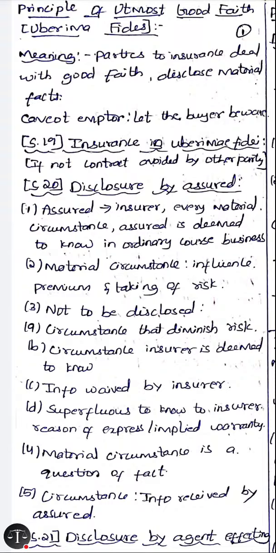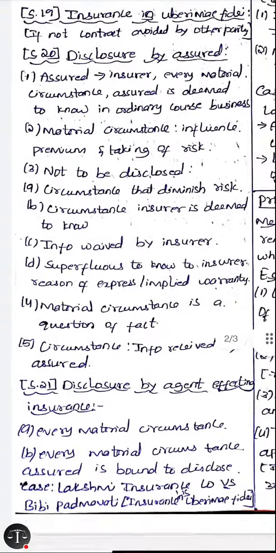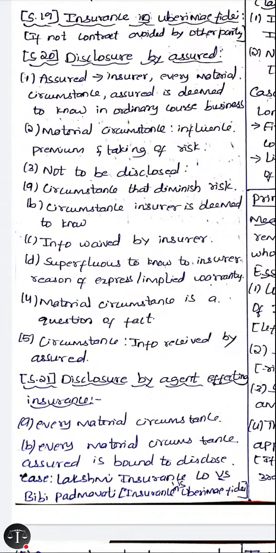The next point is that material circumstance is a question of fact. And what do you mean by circumstance? Circumstance is the information received by the assured. It's called circumstance. Section 21 of the Marine Insurance Act states disclosure by agent affecting insurance.